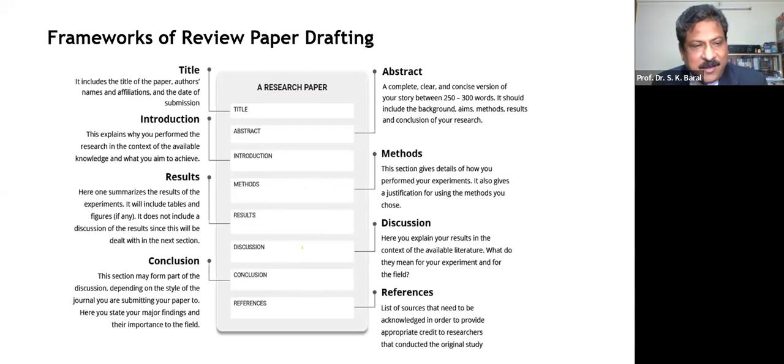Introduction is the gateway of your paper. Your abstract is your crown, your cap, and then when you enter into the introduction, you will explain why you performed this research in context to available knowledge, and what you aim to achieve.